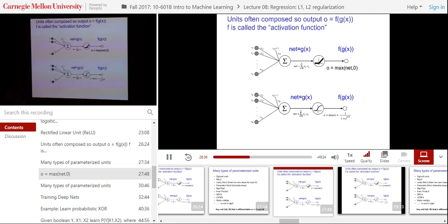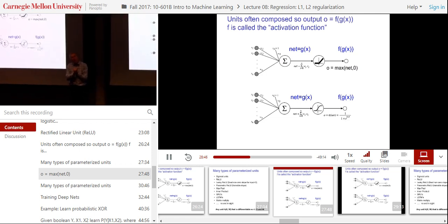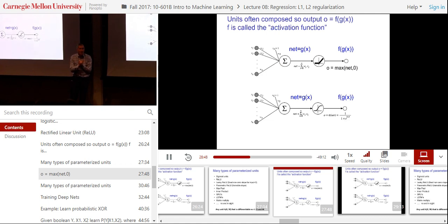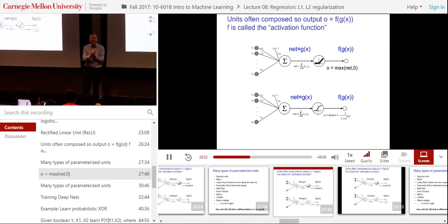What's important, and if you want to boutique design your own unit, you may, but what's important is that your unit, in order to be trainable with the usual methods for training deep networks, needs to have two properties. One is the output should be differentiable with respect to the inputs.